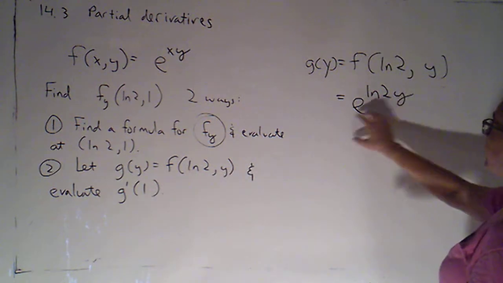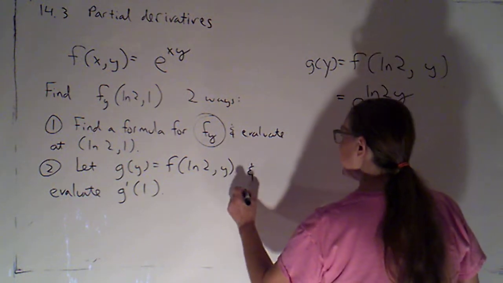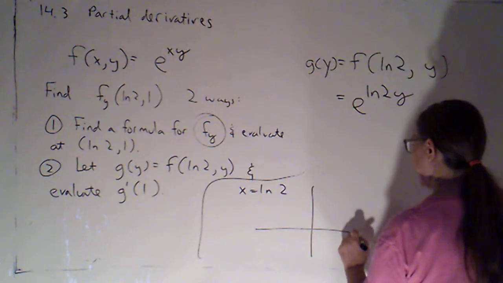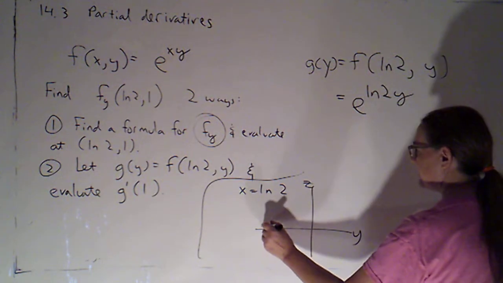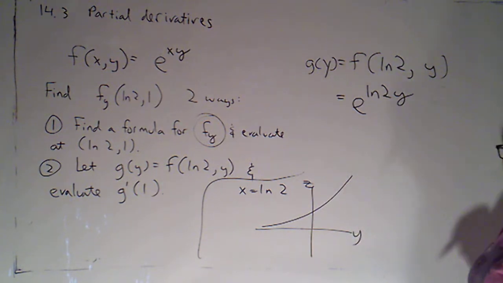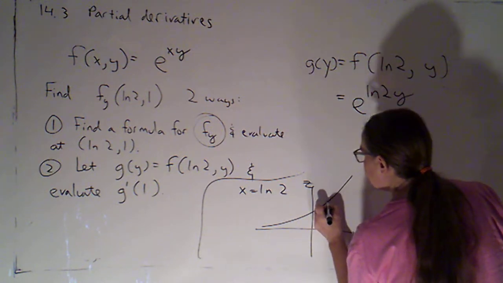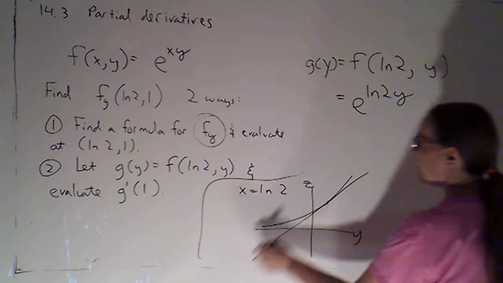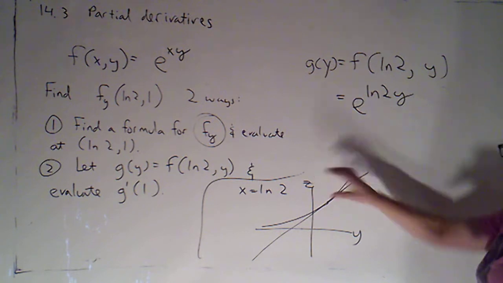Notice this function would be what I got in the plane x equals the natural log of 2. That would be parallel to the yz plane, and it's an exponential growth curve. When y is 1, we're essentially calculating the slope of the tangent line to this cross-sectional curve.